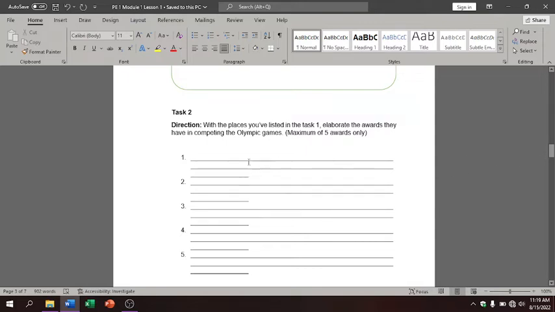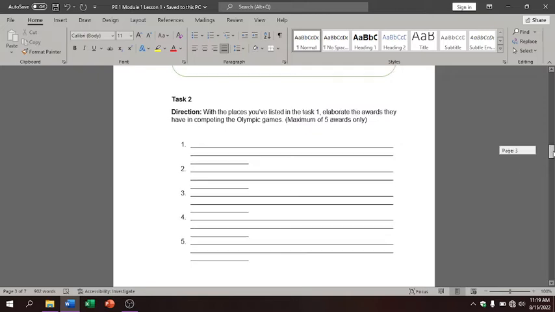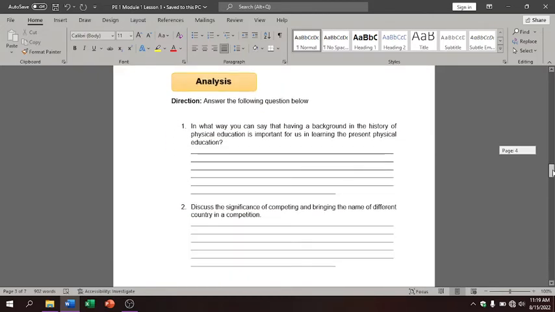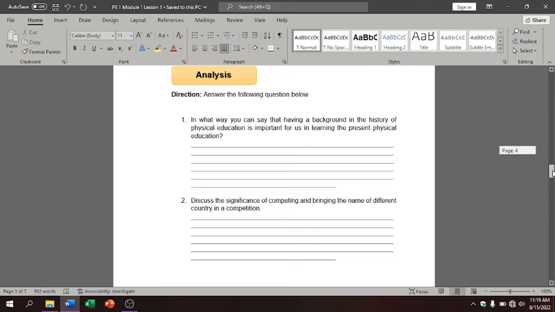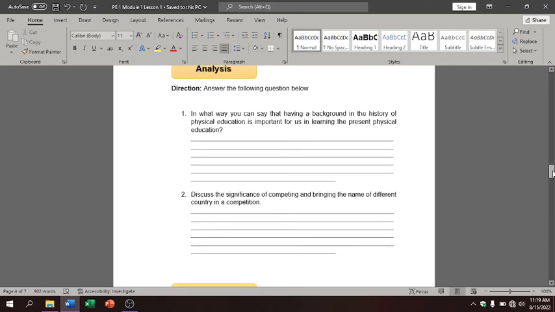In this area, I am giving you 5 points each, so since there are 5, you have 25 points in this area. Next one is analysis. This question is more on your own idea.